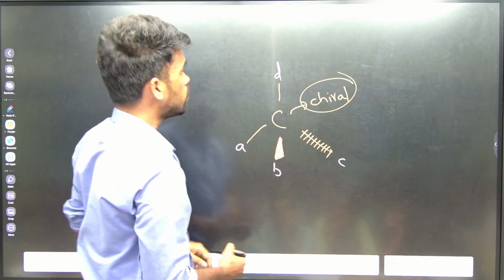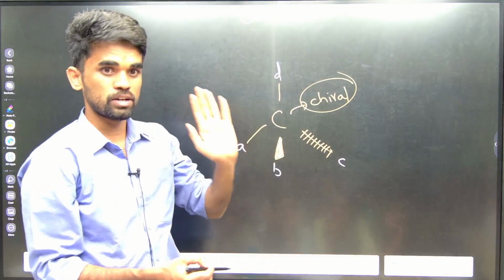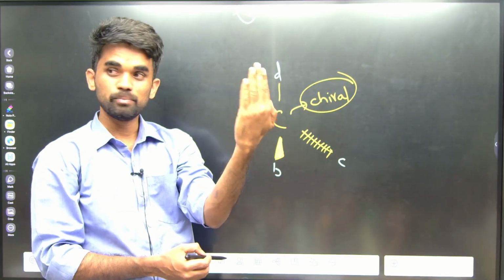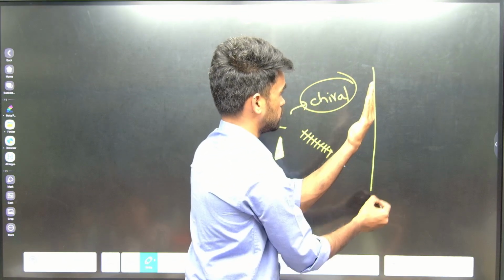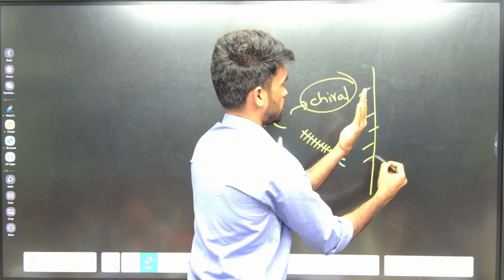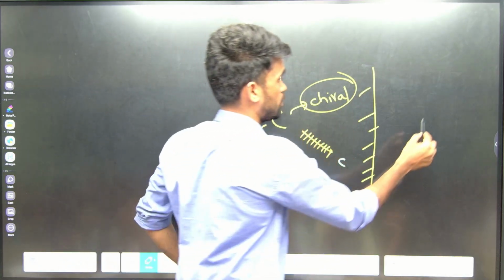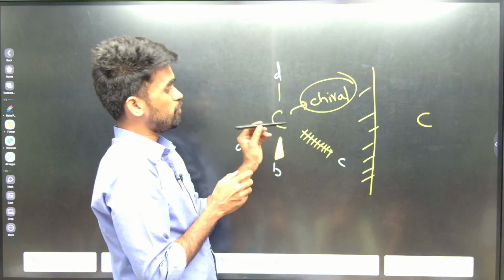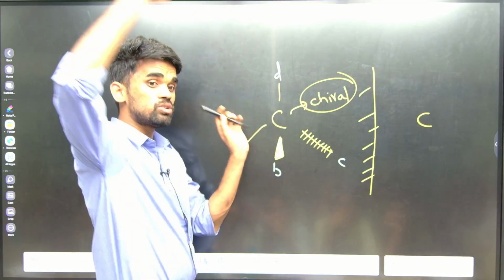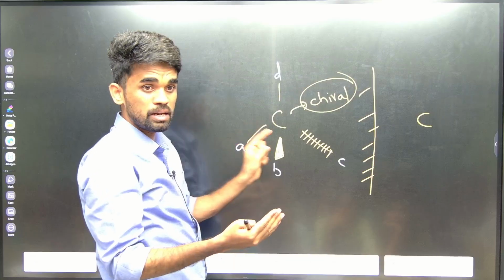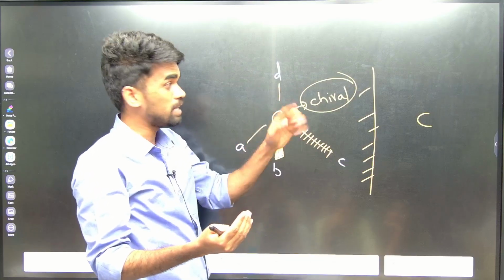Okay. So now you just take a mirror. Take that mirror and keep it here. What happens? If you keep something near the mirror, it looks far from you. Now above the plane becomes below the plane, and below the plane becomes above the plane in the mirror.